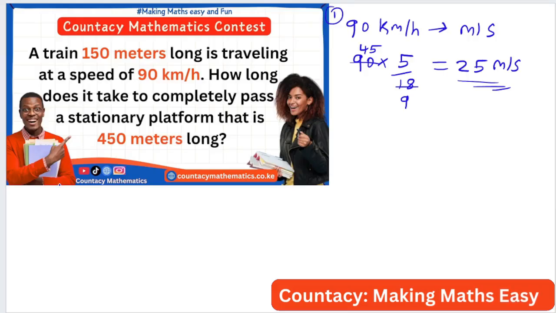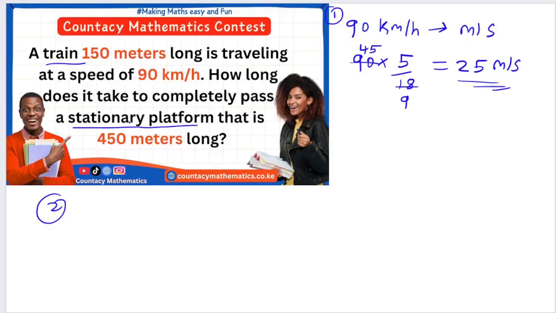The second thing, and this is where most people usually forget, is that you have two elements here. You have a train, and you also have a stationary platform. So you need to account for both. Assume this is the train, and this train is 150 meters long.